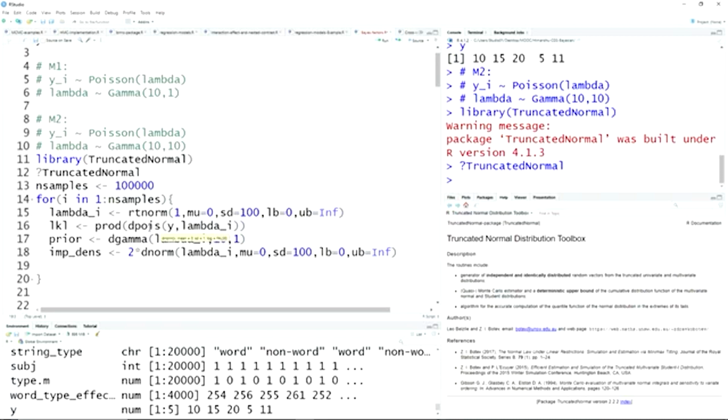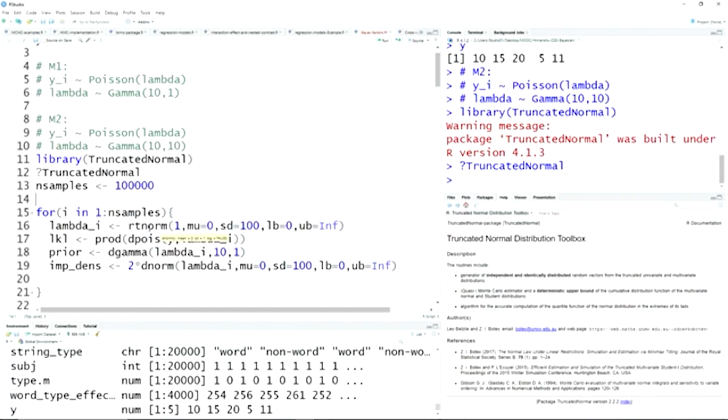Now I can compute, basically I can store some term, let us call it weighted likelihoods.